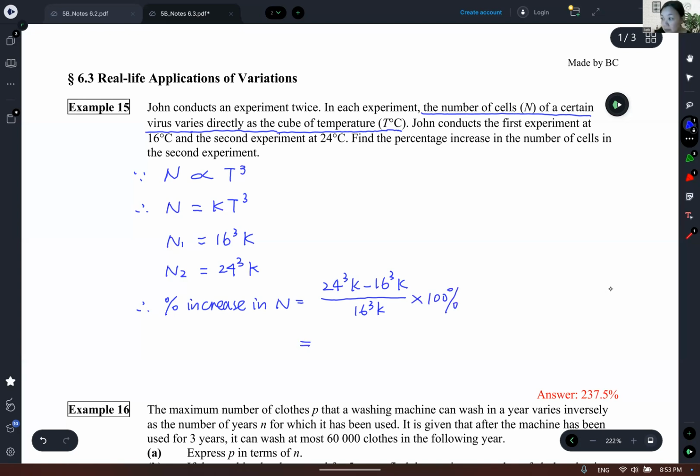And that should give you the number. The number is very large, still believable, right? It's 237.5%. It increases a lot. And that's it. I hope that's okay. I think it is okay.